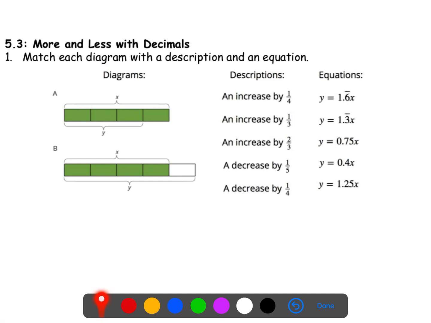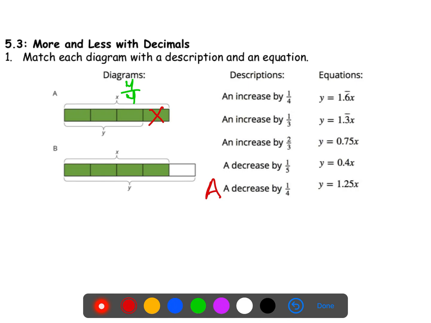And you can see just by how it's split up, if our x amount is split into 4 parts, then our x is 4/4, and we're going to decrease it by one of those parts, by one of those fourths, in order to get our y value. Well, decreasing by 1/4 would be listed right here. So that would be for figure A.